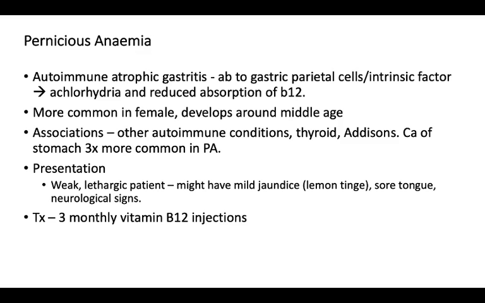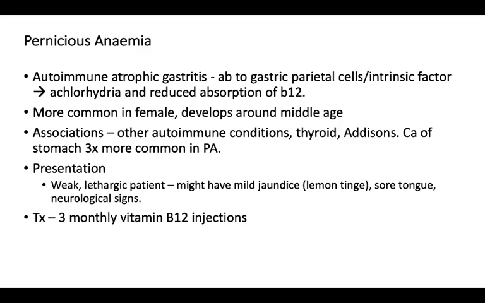In terms of presentation, you might get a weak, tired patient. They might have a mild jaundice if there is underlying hemolysis, a sore tongue, or neurological signs, at which point you would do a full blood count and a blood film.